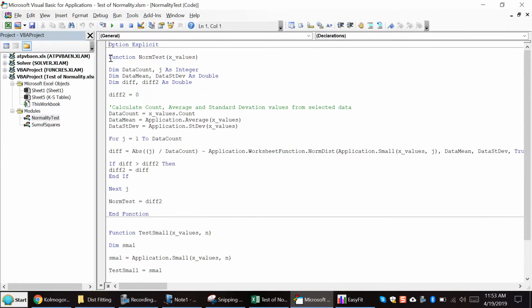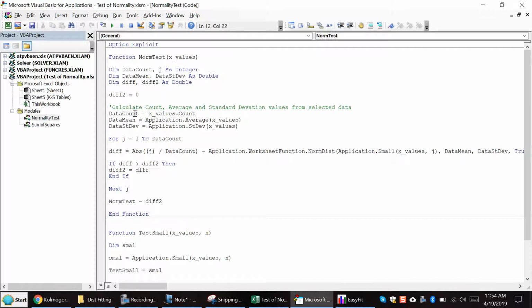All I do is declare a function, norm test, select the x values I want. I just declare these variables: data count, data mean, data standard deviation, diff, and diff2. Diff2 I start out equal to 0, which means my difference is 0. Then I just calculate the count, which is x underscore values dot count.